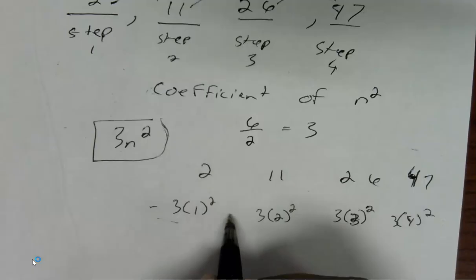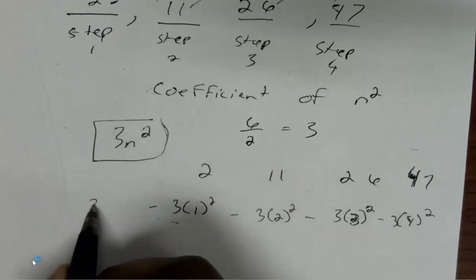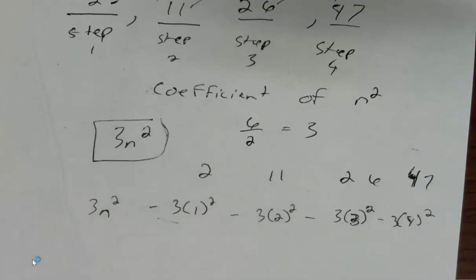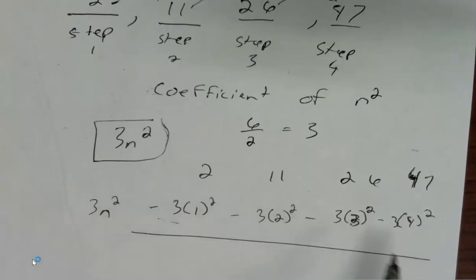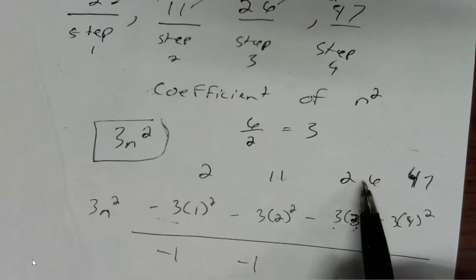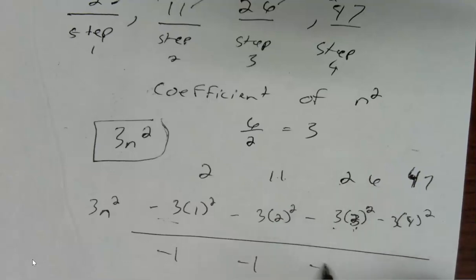I'm going to get the difference between both of those. Again, that's 3 times the stage number squared. 2 take away 3 is going to be negative 1. 11 take away 3 times 4, that's 12, so that's negative 1. 3 times 9 is 27. 26 take away 27 is negative 1.